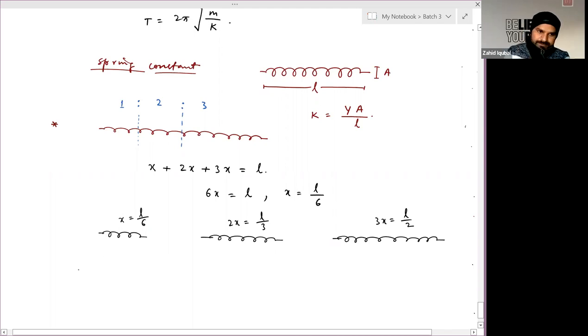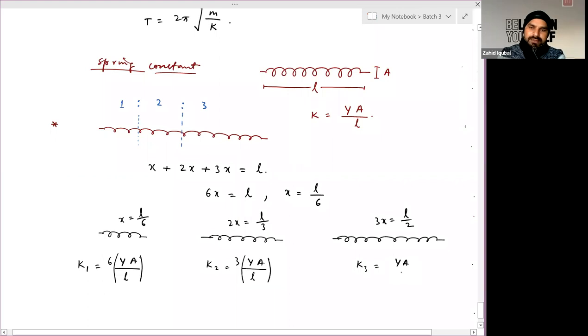Now we can say K1 equals YA divided by its length, that is L by 6. K2 is equal to YA divided by its length, L by 3. And K3 equals YA divided by L by 2.